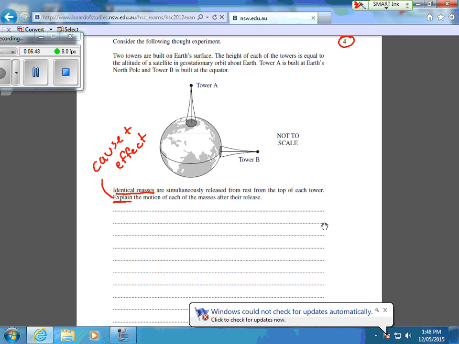Which way is the Earth rotating in this diagram? It doesn't tell you directly, but it does. East. You want to go that way.